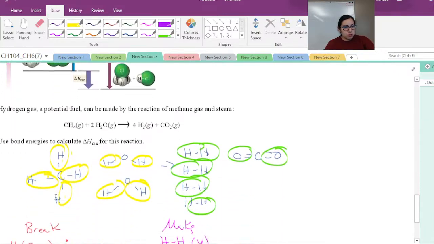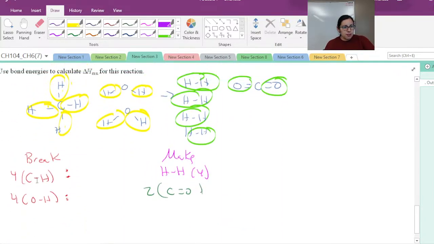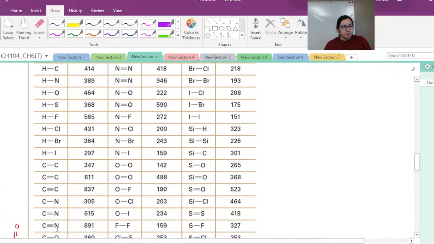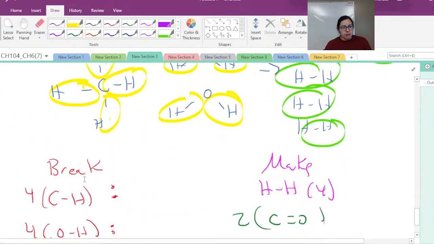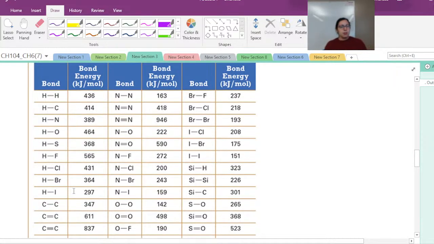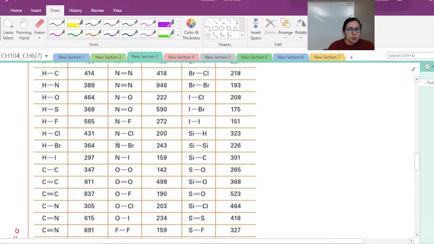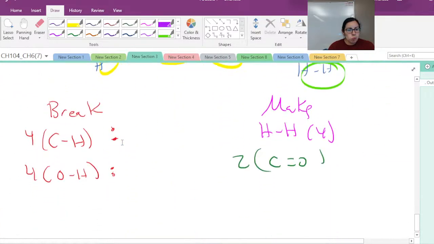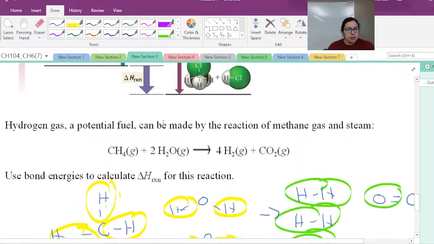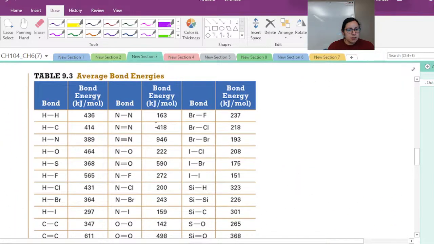And then I'll keep doing it in case you can't see it. So right from there, let's go to the chart. We said we have to break 4 CH bonds. So we look at our chart. Each CH bond is 414. I forgot if that was in kilojoules.